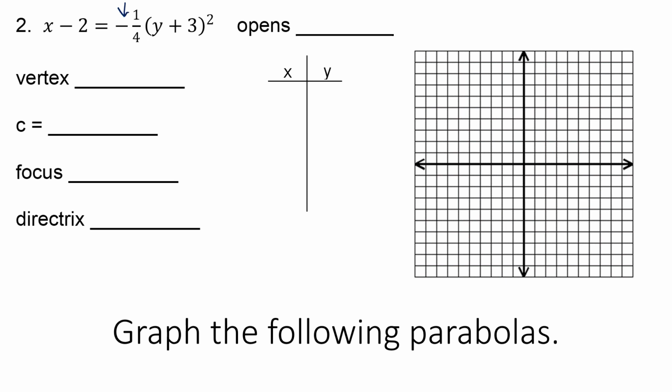Because our coefficient is negative, that lets us know that we're going to be open to the left. Your vertex is still based off of your h and your k. So our h is 2, our k is -3.